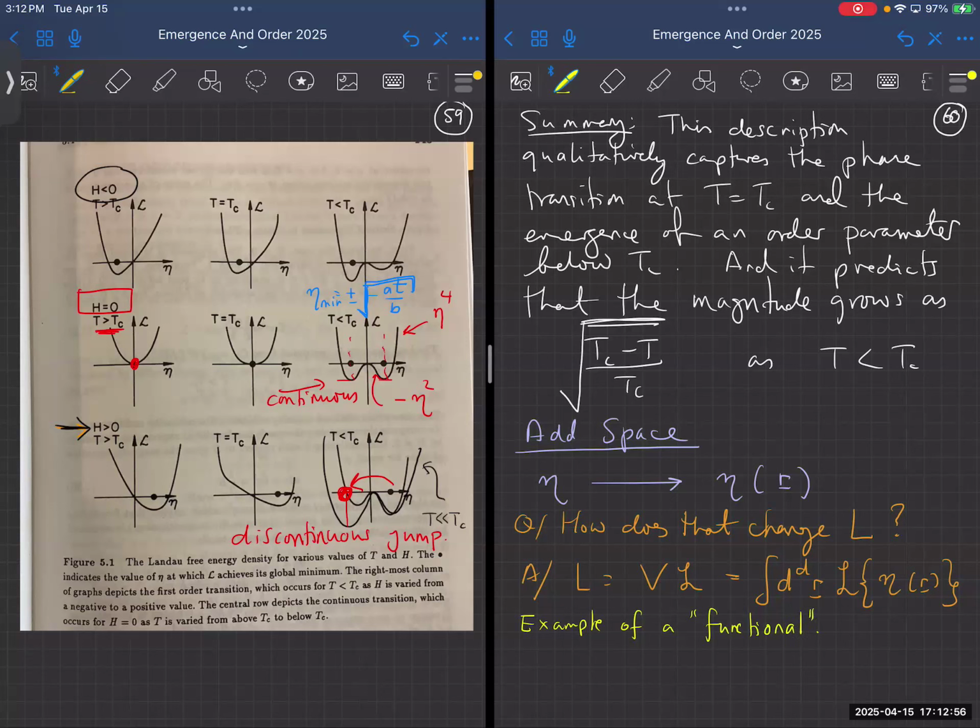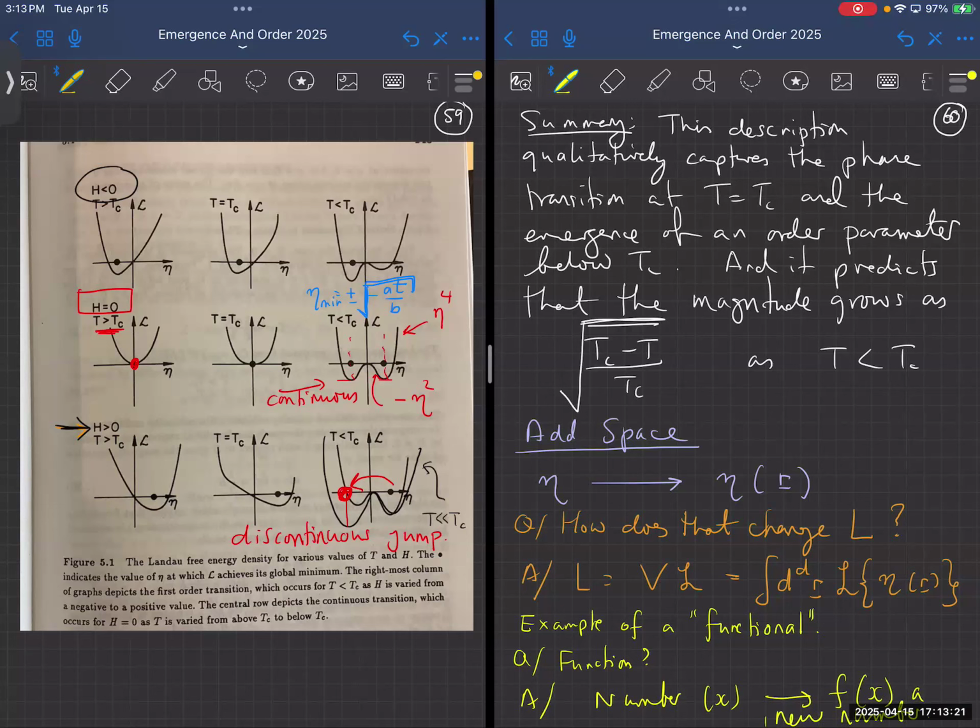So what is a functional? Well, what is a function? A function takes a number, say x, and produces another number called f of x.